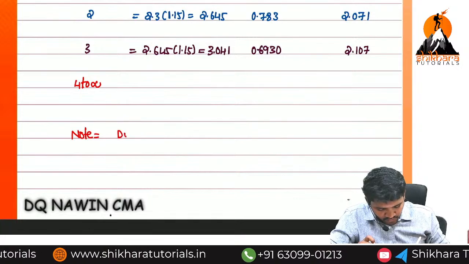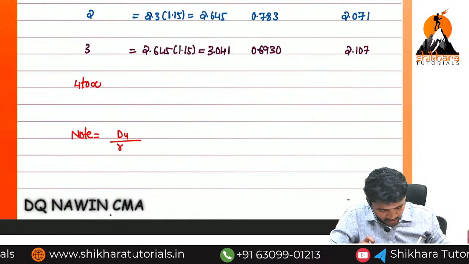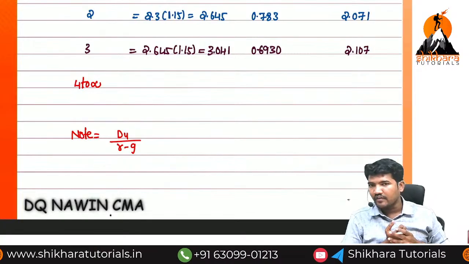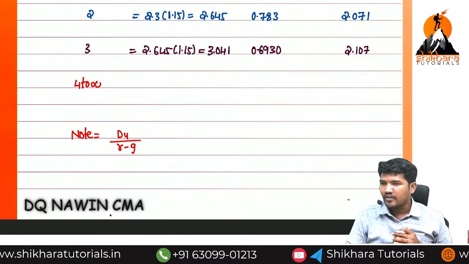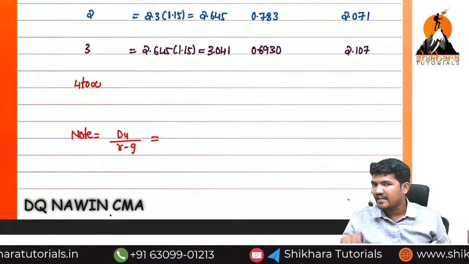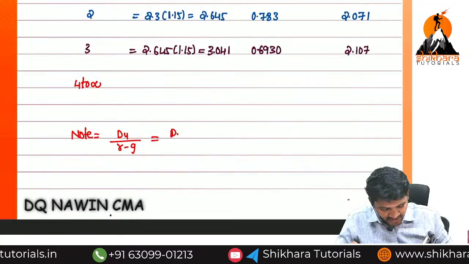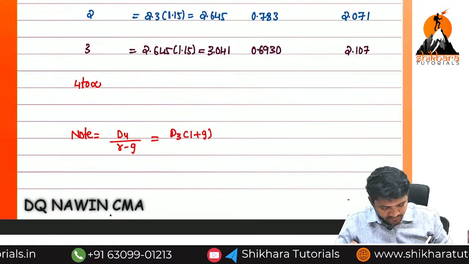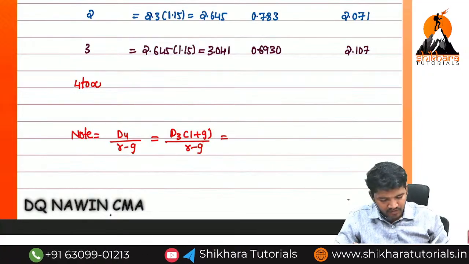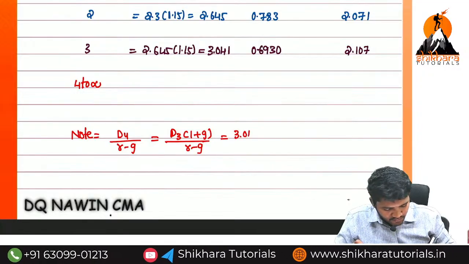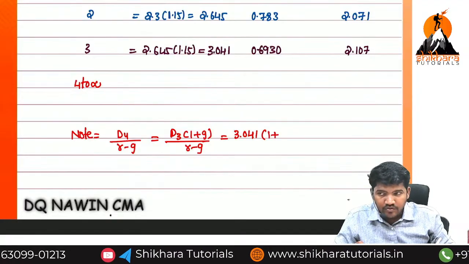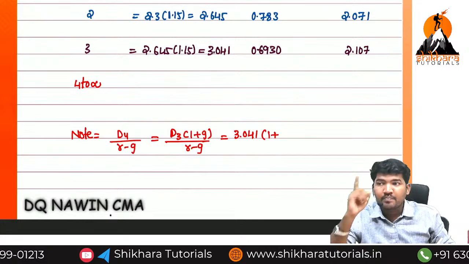Now, from the 4th year to infinity, note this: D4 divided by R minus G. Are you agreed? D4 or D0? D4. Are you clear, sir? Now I don't have a D4, but I can calculate D4. How? D3 into 1 plus growth, divided by R minus G. What is D3? 3.041 into 1 plus growth, 1 plus 4%.